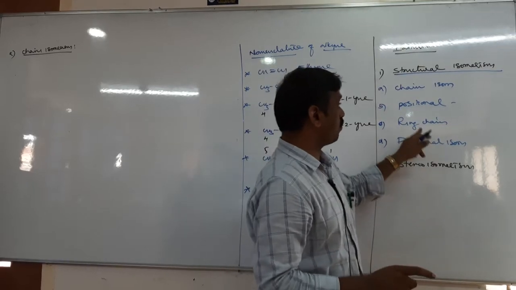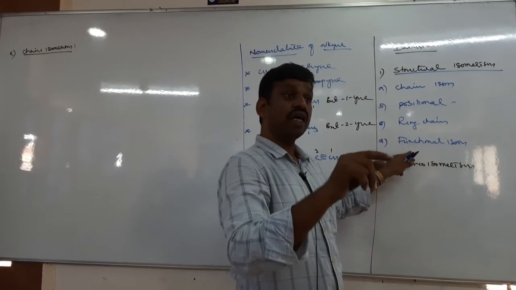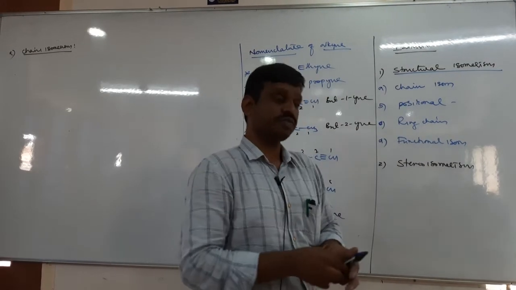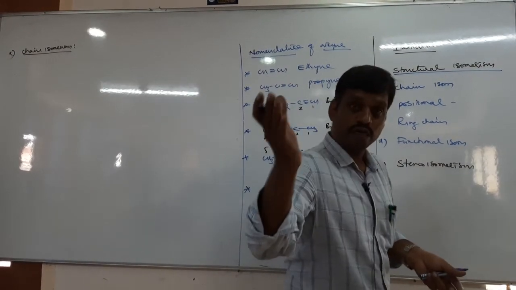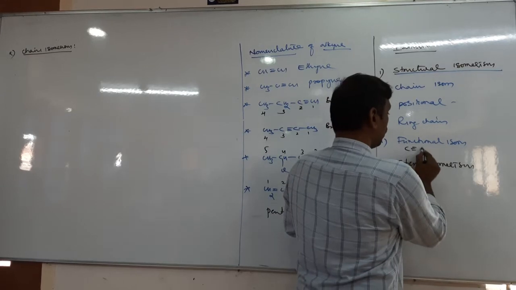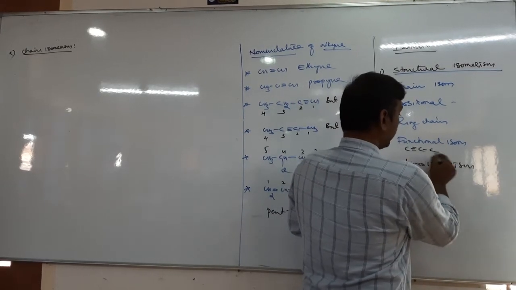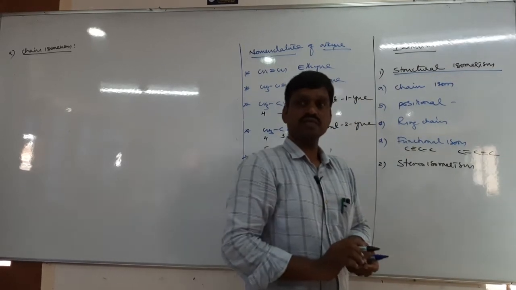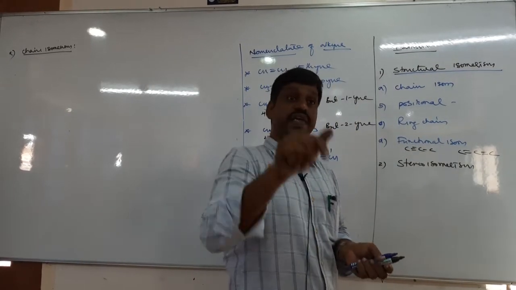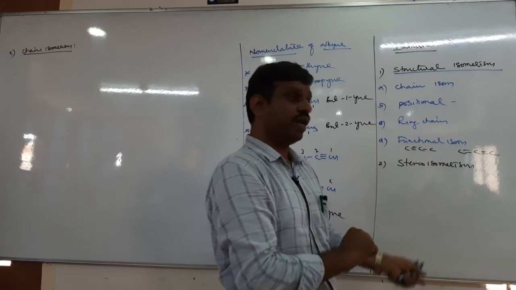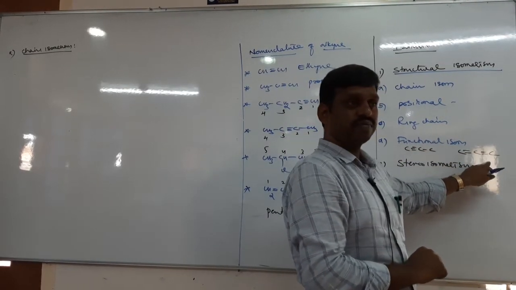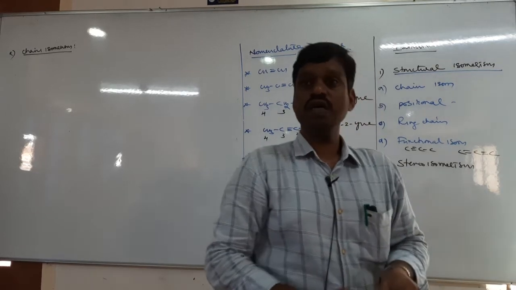Can you tell me an example for functional isomerism here? Alkynes are examples of functional isomers with what? Very good. Alkyne, C triple bond C. So alkynes are functional isomers with alkadienes. Both have the same molecular formula. One is a yne, another is a diene. They are examples of functional isomers.